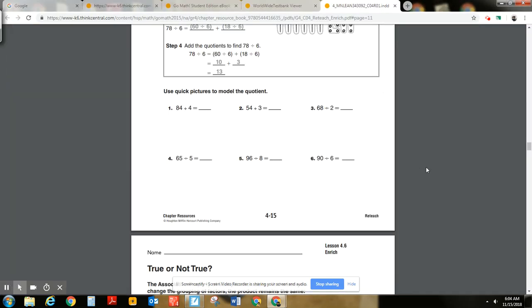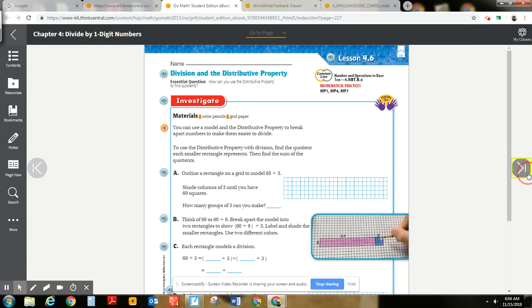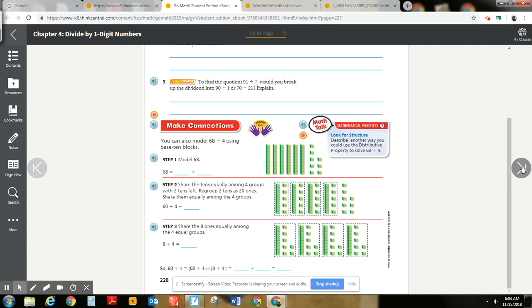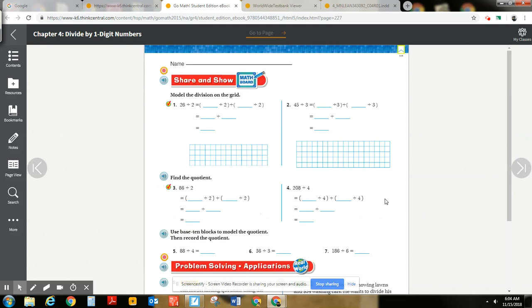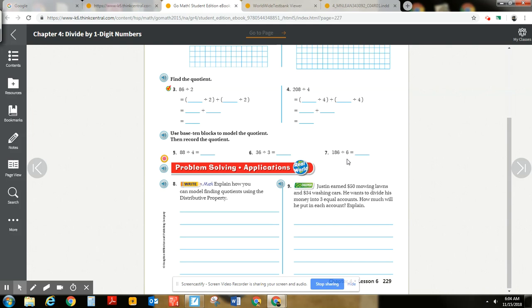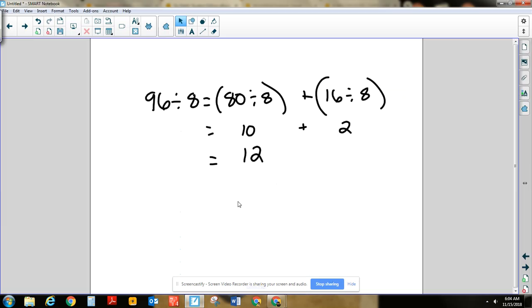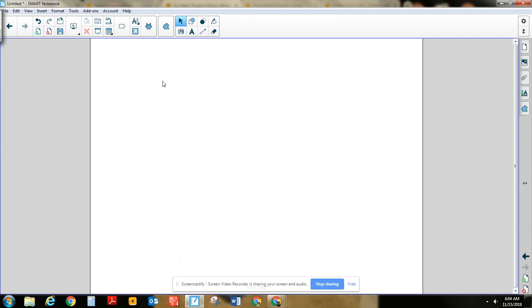We can do the same type of work even when the problem is in the hundreds place. So let's do 186 divided by 6. This is a little bit higher level. Now, using the distributive property, you don't just have to break up a number into two parts. You can break it up into as many parts as you want, and that's exactly what I'm going to show you here.